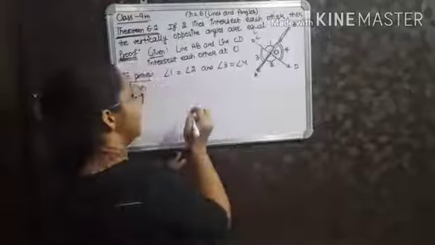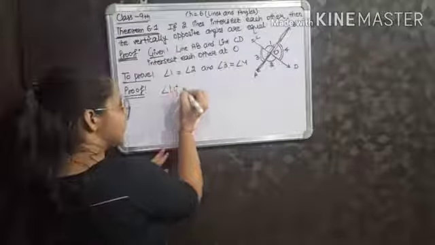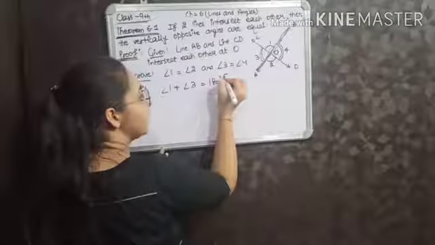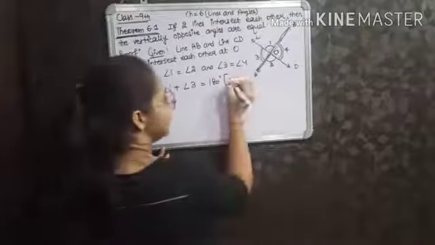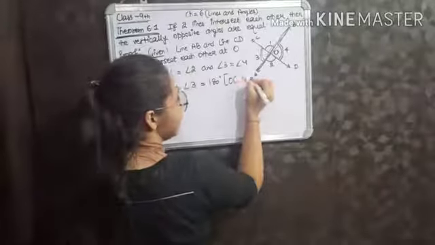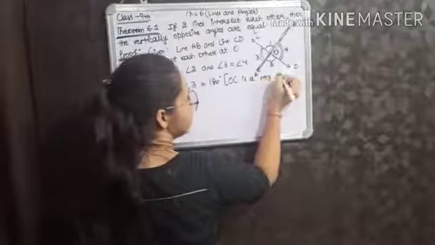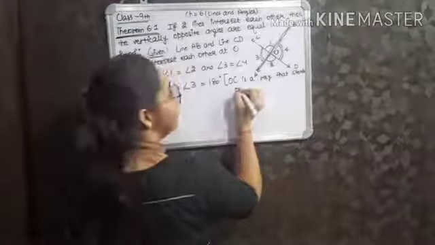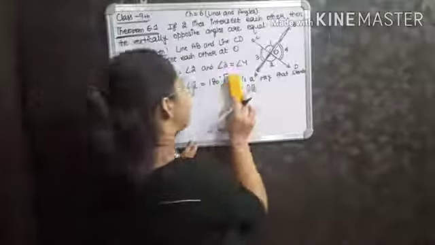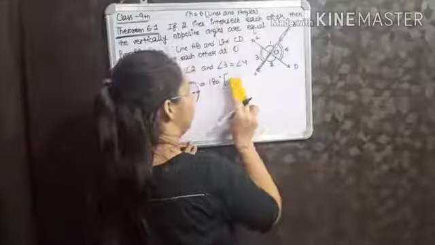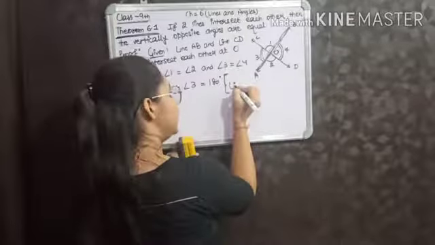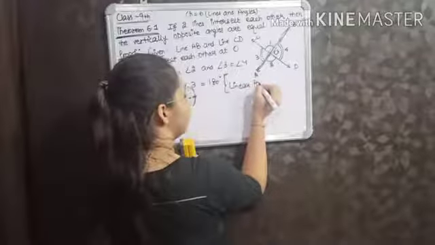So we can say that angle 1 plus angle 3 is equal to 180 degree, because OC is a ray that stands on AB, or you can write directly linear pair axiom.